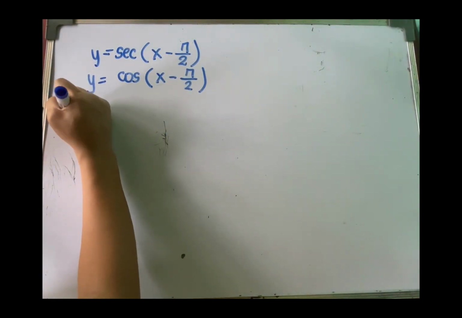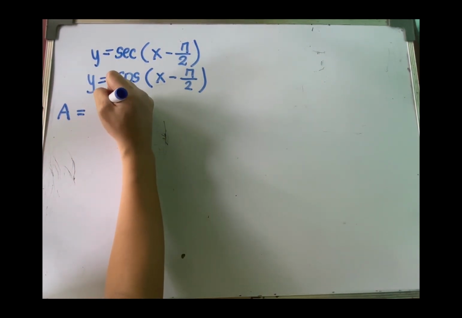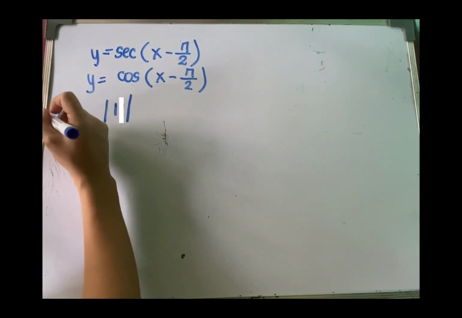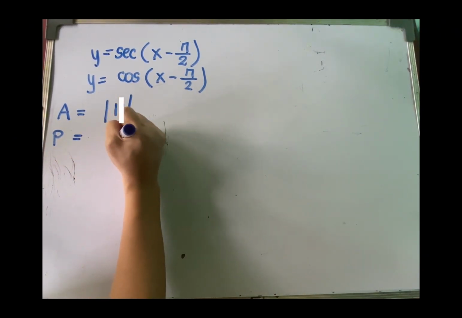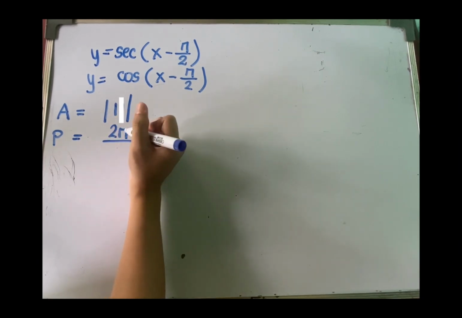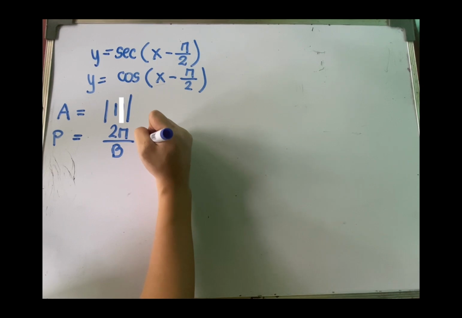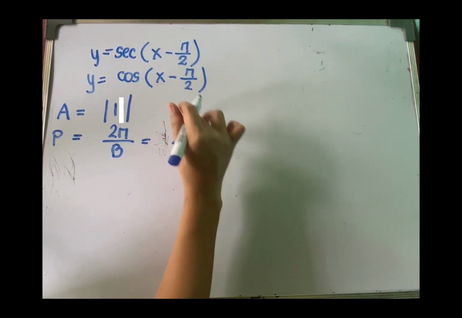And now let's get the amplitude. Our amplitude is 1. And for our period, period is equal to 2 pi over b. Since we don't have b, it is 2 pi.